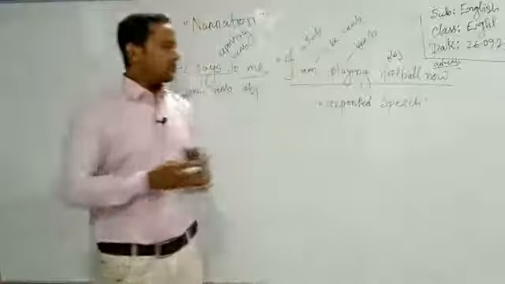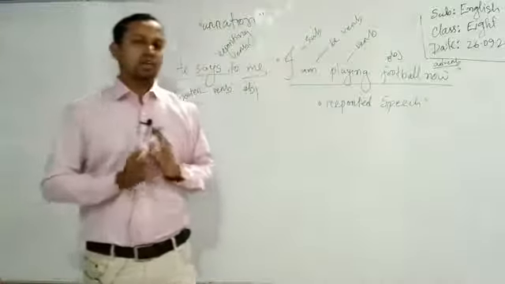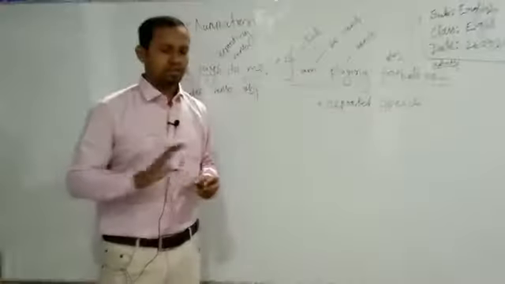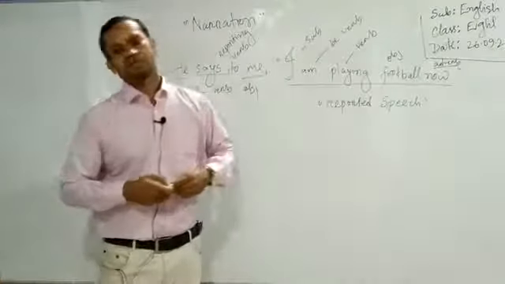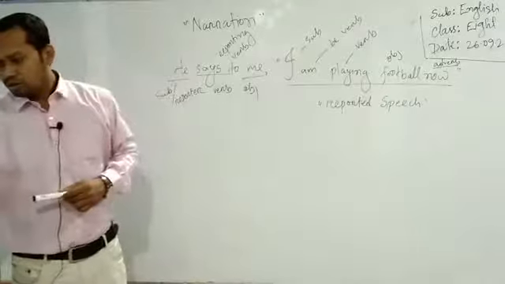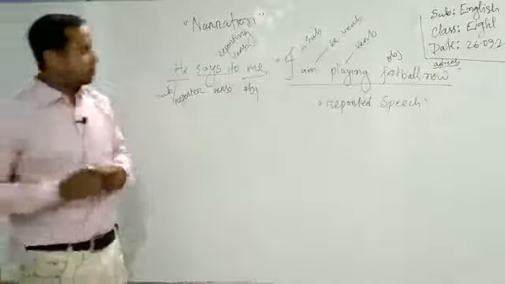That means there are different types of sentences, like assertive, imperative, optative, interrogative, and even exclamatory. Whatever it is, when you change it, all the sentences will be assertive. I am repeating once again that whatever the sentence may be, it doesn't matter, the answer will be in assertive form. So to complete your answer, you have to follow 4 rules.